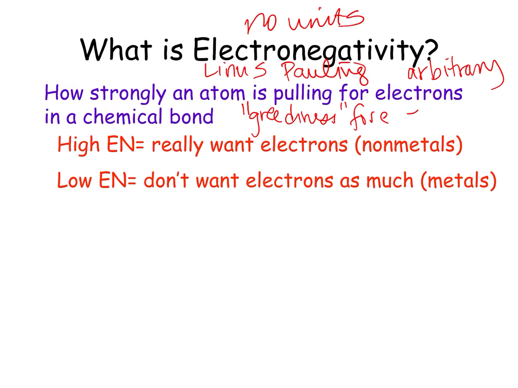They're in the 3s. But things that don't want electrons, remember, the metals, they want to get rid of them anyway. So I'm not going to be greedy for something I don't want. So they're going to have a low electronegativity. So if you look at things like, I just happen to look at barium, it's a 0.9. Sodium, 0.9 also. Potassium, 0.8. So they're much, much lower.